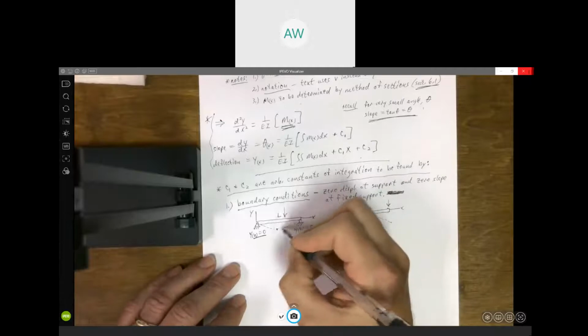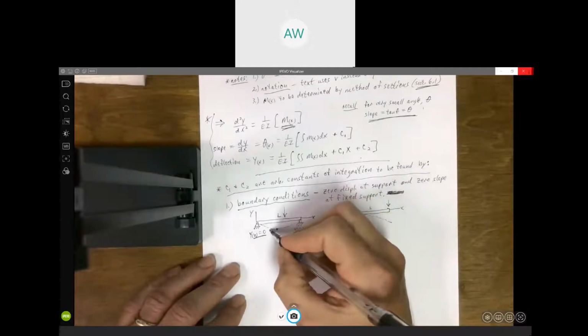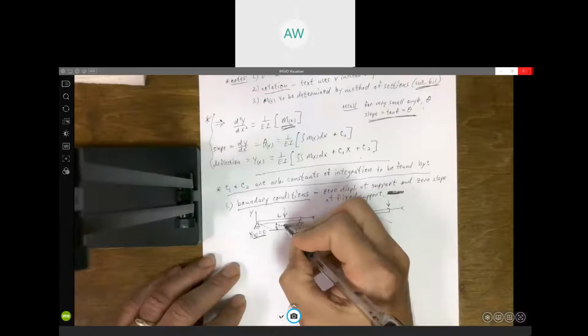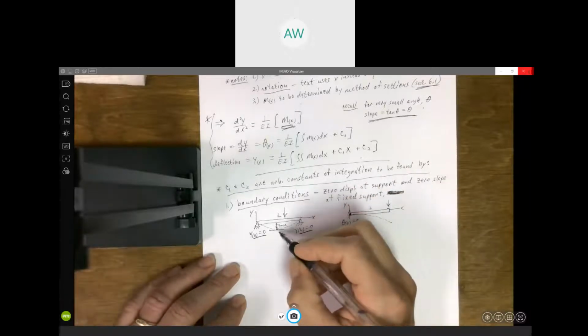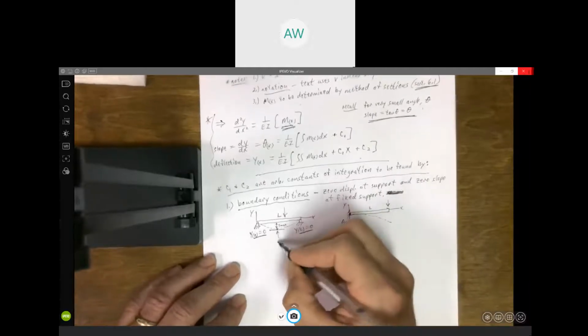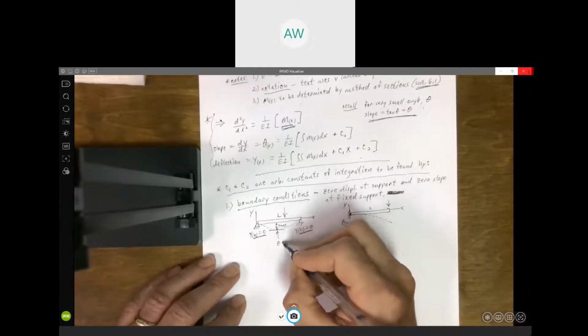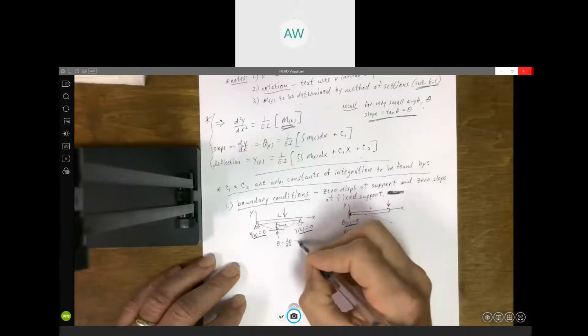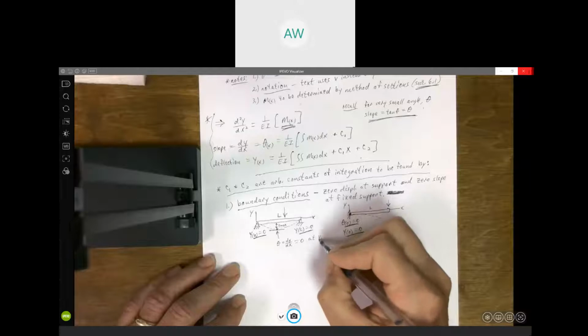One other thing, if you've got a situation like this, where you have your maximum displacement, I know the slope is 0 at that point also. So I know theta, which is, again, the slope or the first derivative dy dx, is equal to 0 at y max.